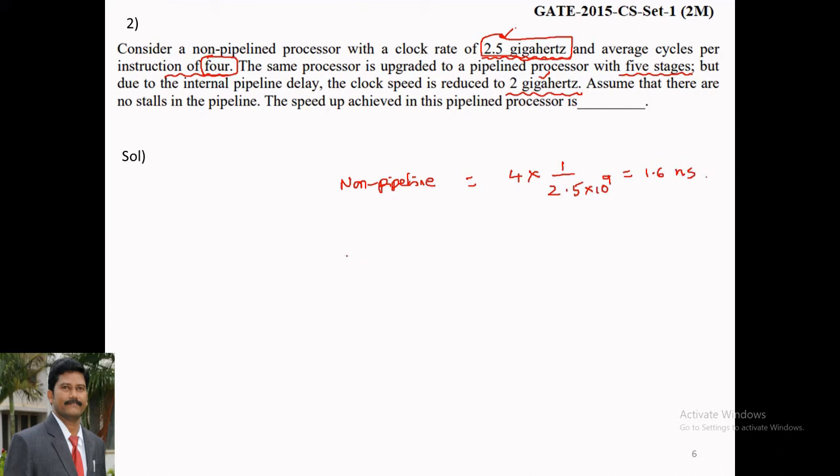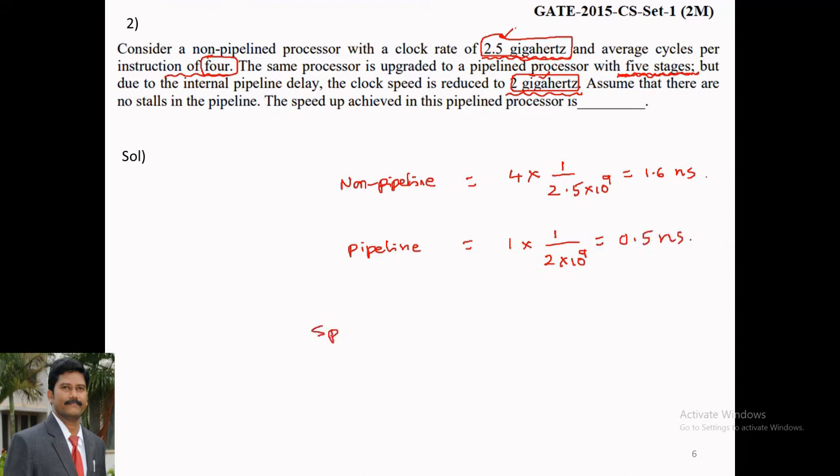Now what is the time to execute one instruction in the pipeline? There are 5 stages. Anyway, we need to assume that each instruction will take 1 clock cycle, because whether it is 5 stages or 6 stages, each instruction will execute in 1 clock cycle. So 1 into 1 by the frequency, which is 2 gigahertz, that is 1 by 2 into 10 power 9, equal to 0.5 nanoseconds.